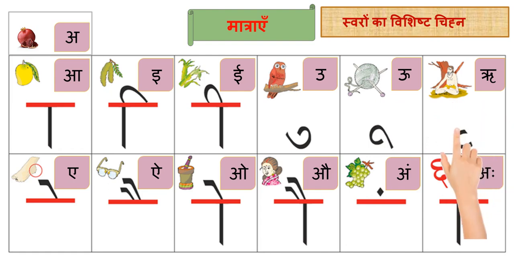ऋषि वाला री will be written like this. एड़ी वाला ए will be written like this. ऐनक वाला आई will be written like this. ओखली वाला ओ will be written like this. औरत वाला आओ will be written like this. अंगूर वाला अंग will be written like this.